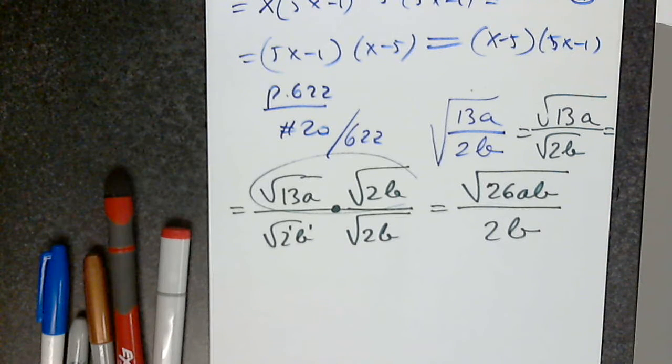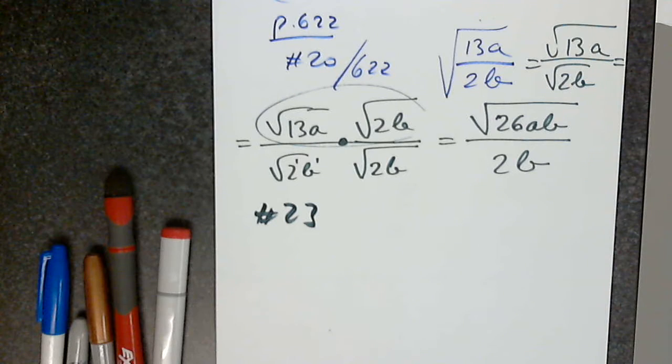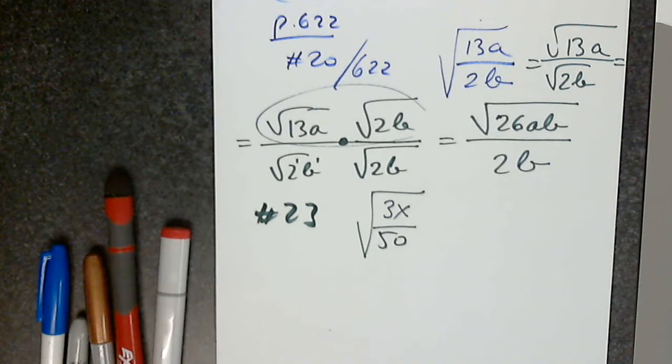Do you think we need more examples from rationalizing? Perfect, okay. Let's look at 23. In 23 we have the square root of 3x over 50.